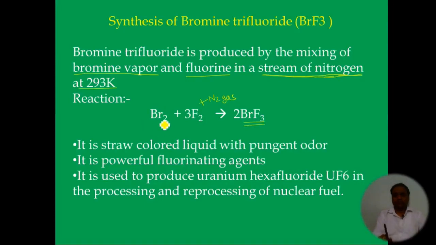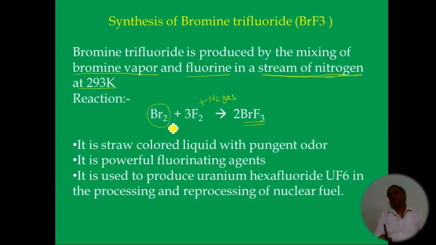We are going to heat it so that we get vapors of bromine, and we mix these vapors of bromine with the stream of fluorine with nitrogen gas. When we do that, we get 2 molecules of bromine trifluoride.